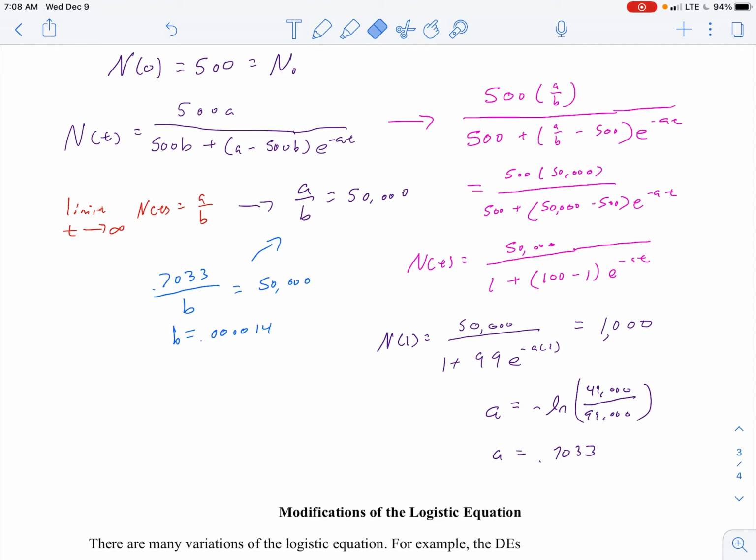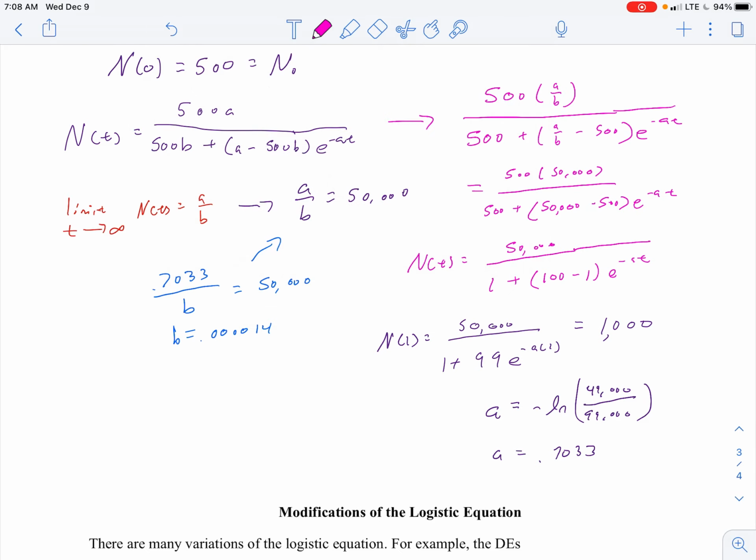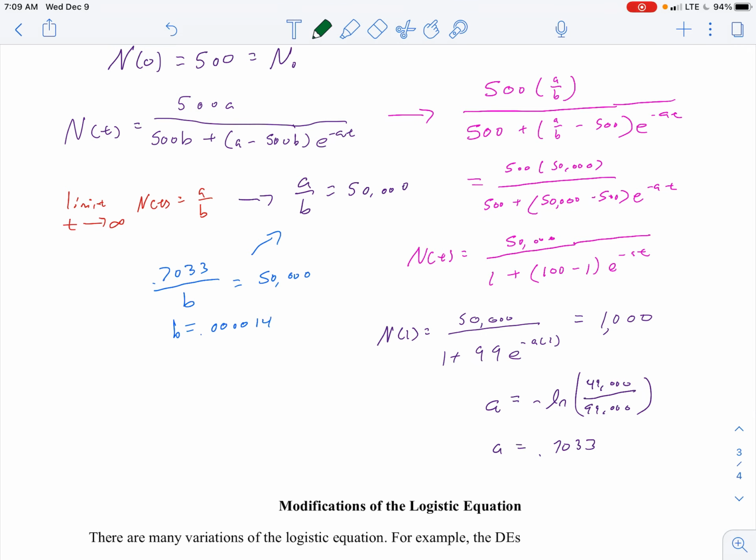So now we have a, now we have b, so now we can substitute this in to have our equation that's going to model our situation.